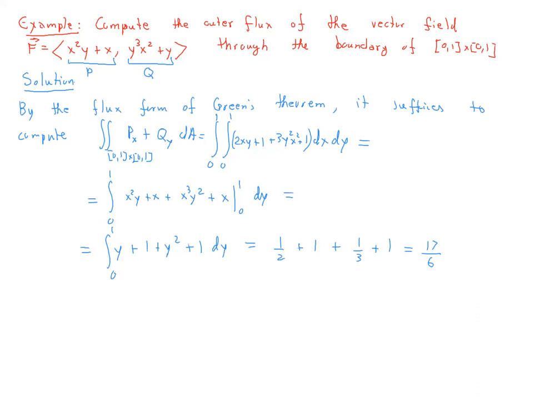So I didn't even write explicitly the flux form of Green's theorem. I just said that by the flux form, the flux integral is equal to the integral of the divergence, and that gave us the computation. Now, another thing that we should say about Green's theorem is that it can be applied to much more general domains.